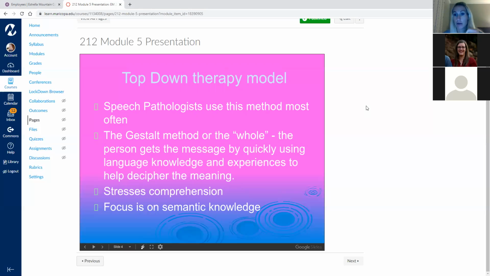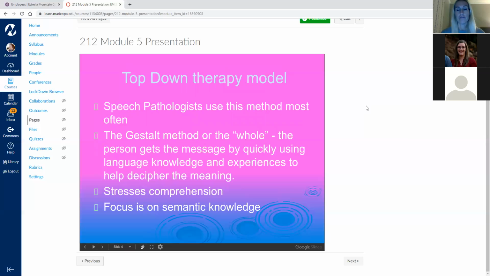Granted, reading comprehension and written comprehension are other components, but you've got to have the understanding before you have the reading comprehension and the writing comprehension. So comprehension is a standard term, but typically in the speech world, we're worried about language comprehension. There are kids that have reading comprehension issues but don't have language issues. So you can have comprehension problems in a variety of ways, but usually what we are targeting mostly is that auditory comprehension piece.